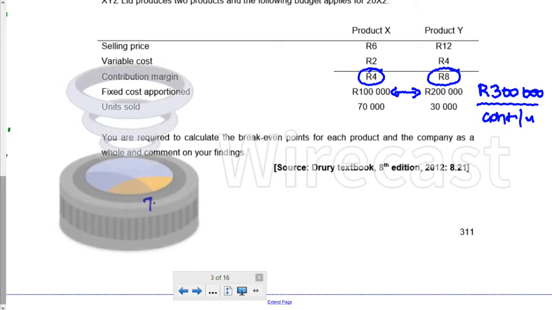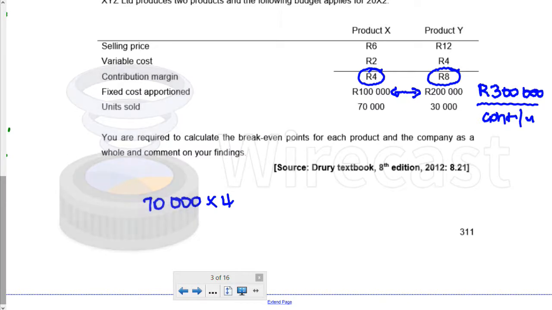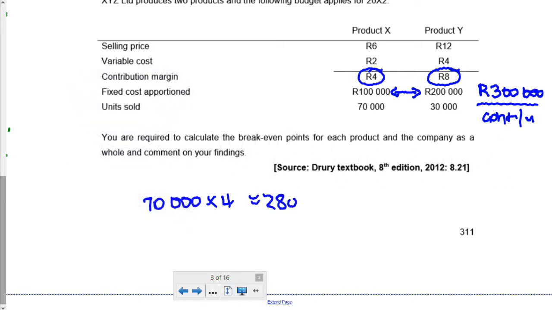I like to say, product A is 70,000. It's 4 Rand for every unit, 4 Rand contribution for every unit. 7 4s are 280. Product B is 30,000, and there are 8 Rand contribution for every unit. That's 240.